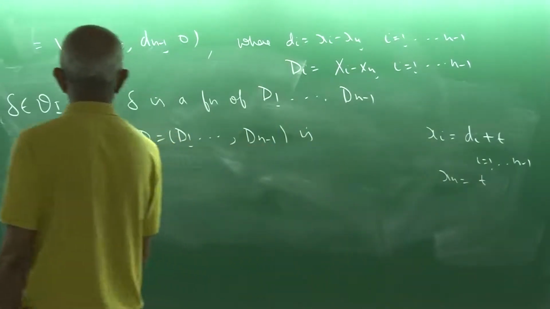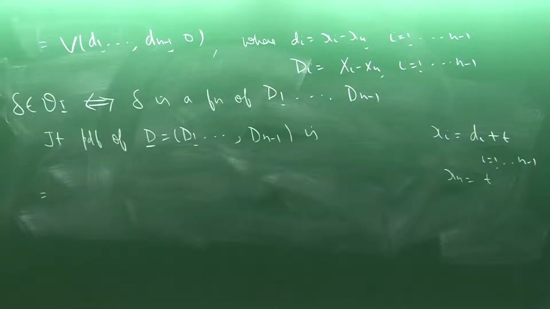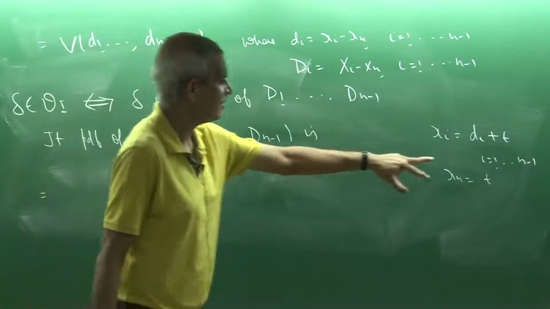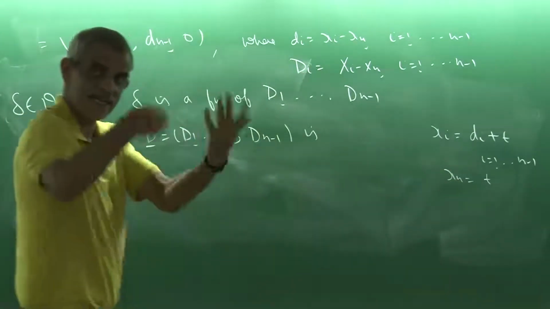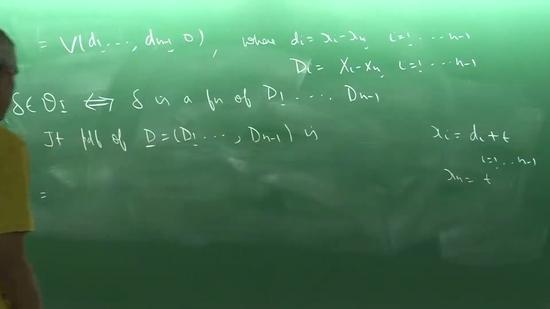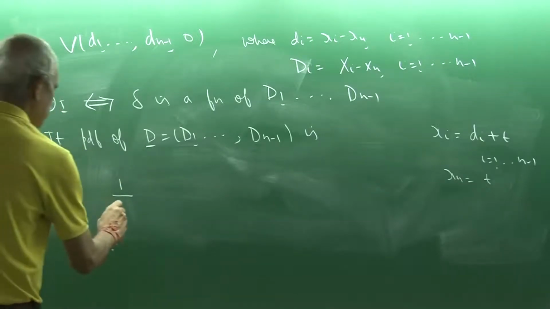So first I'll write down the joint PDF of d1, d2, ..., dn minus 1 and xn, and then I integrate out the xn variable, that means the corresponding variable t over here. So what is the joint PDF of d1, d2, ..., dn minus 1 and xn? So 1 by sigma to the power n.